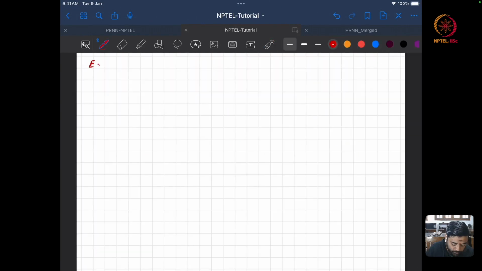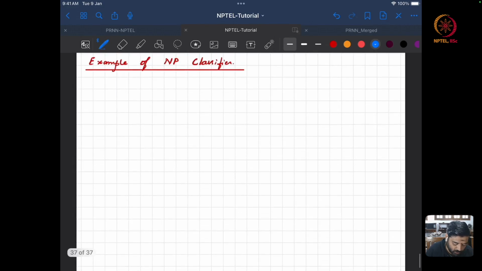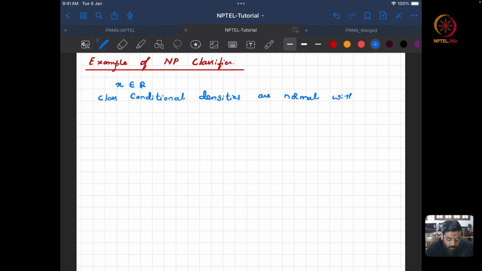Now we will be looking at an example of the Neyman-Pearson classifier. Here x belongs to R, so your samples belong to R, and the class conditional densities are normal with equal variance.